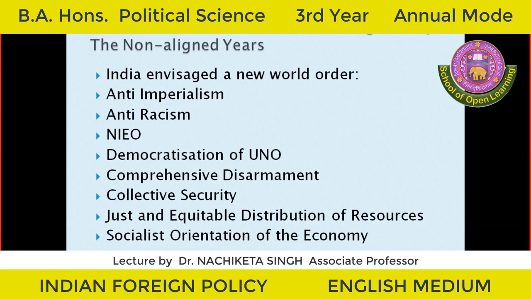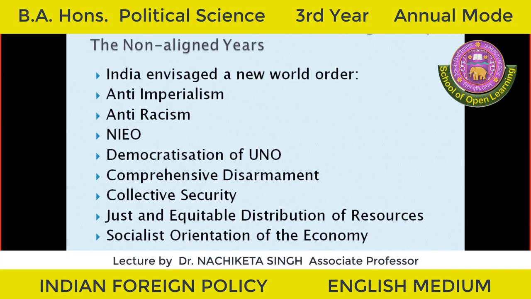Then we talked about a new international economic order in our foreign policy. The new international economic order is something which countries like India, which had gained their independence in the post-Second World War period, wanted to replace the existing one.